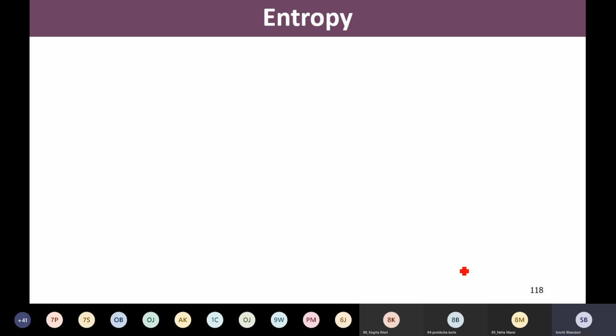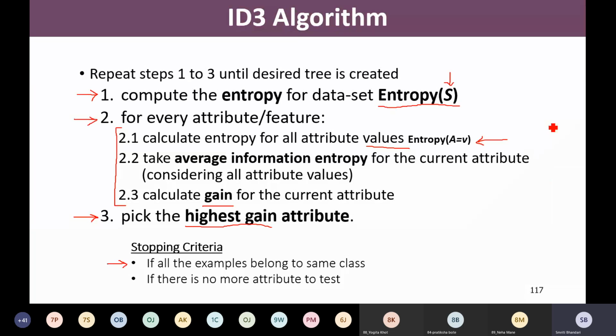Based on those parameters, we are going to build our decision tree. In the next class, we are going to build our first decision tree for the given example by following this ID3 algorithm. If you have any doubts, please let me know.